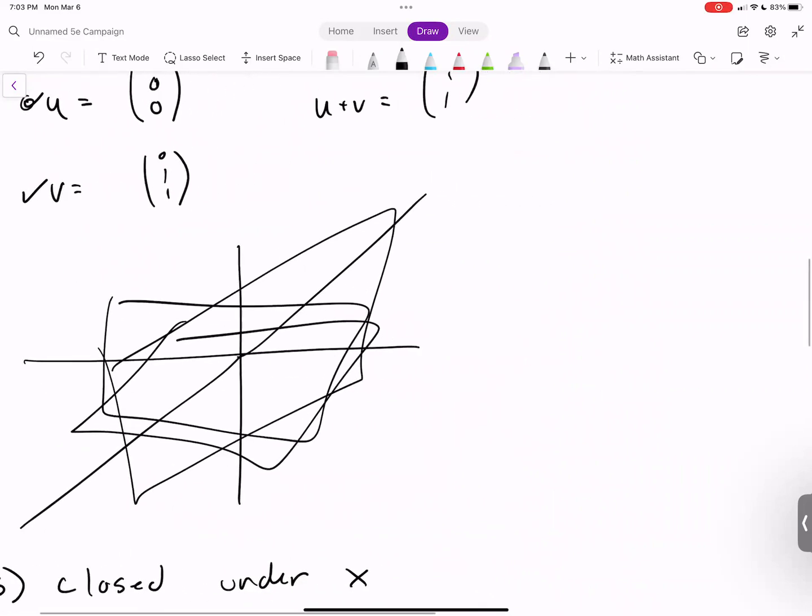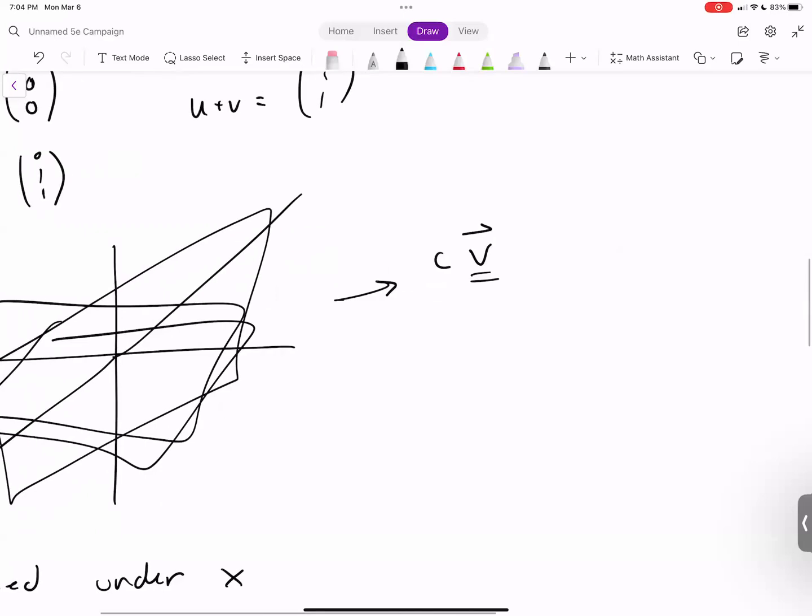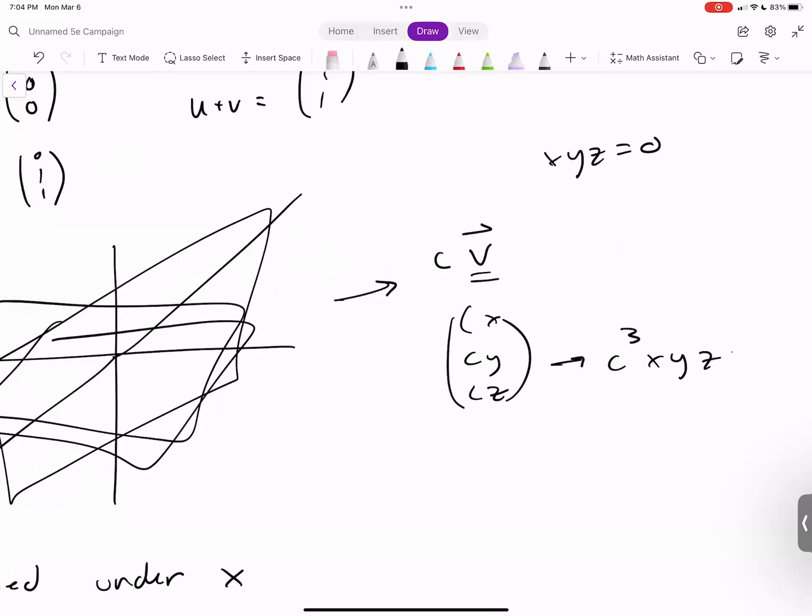So for this example here, actually, if I pick some C times some vector that is in the space, okay? Some vector is in the space, we said X or Y or Z is equal to 0, right? So we say X, Y, Z is equal to 0, right? So when we multiply CX, CY, and CZ, this gives us C cubed X, Y, Z equals 0.